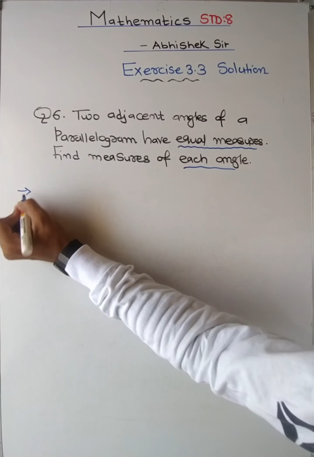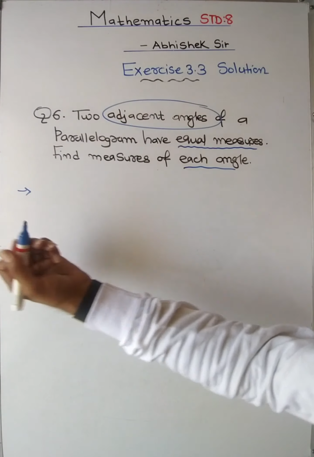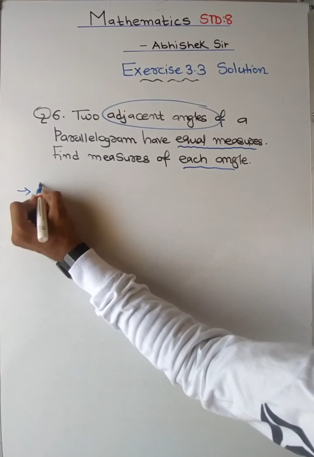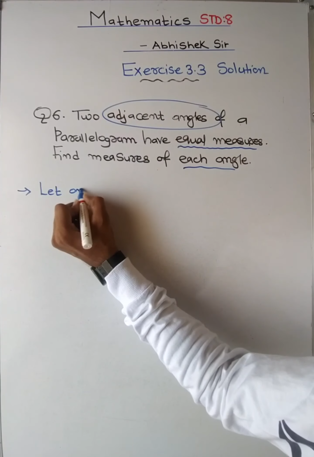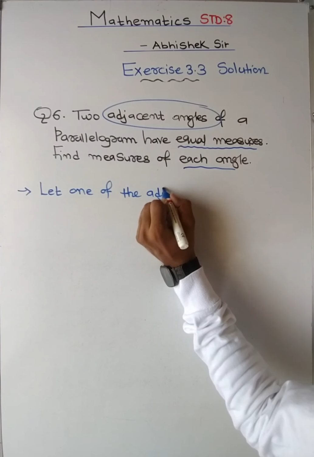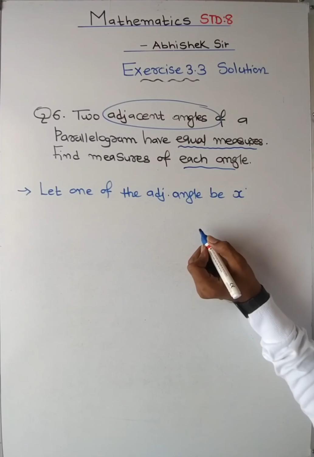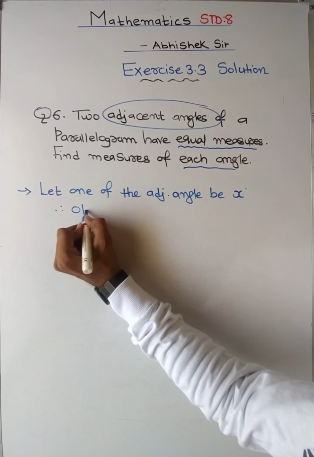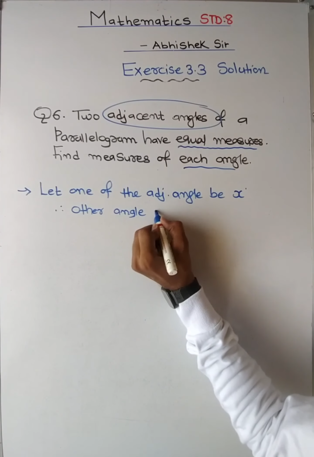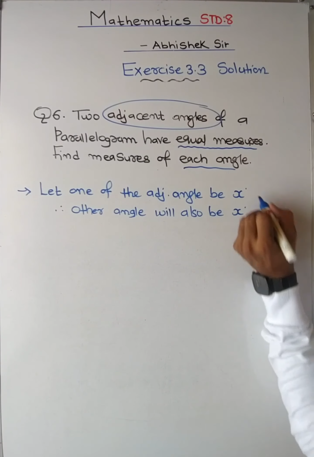So we will start with the property of adjacent angles. But let us assume the measure of one of the adjacent angles. So let one of the adjacent angles be x degrees. Clear? As they have equal measures, the other angle will also be x degrees.